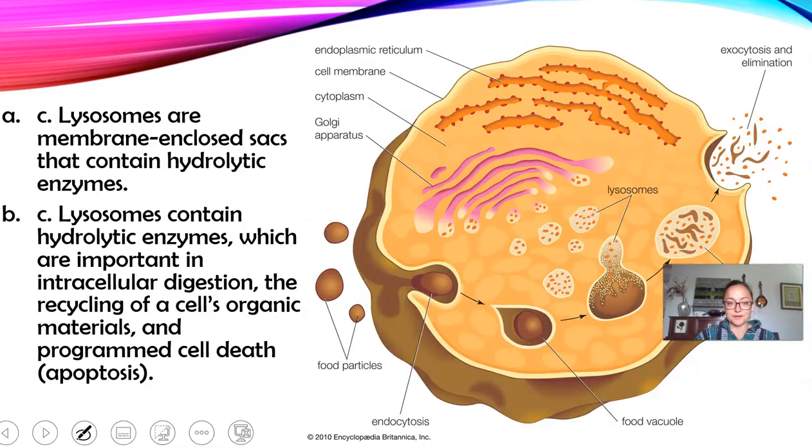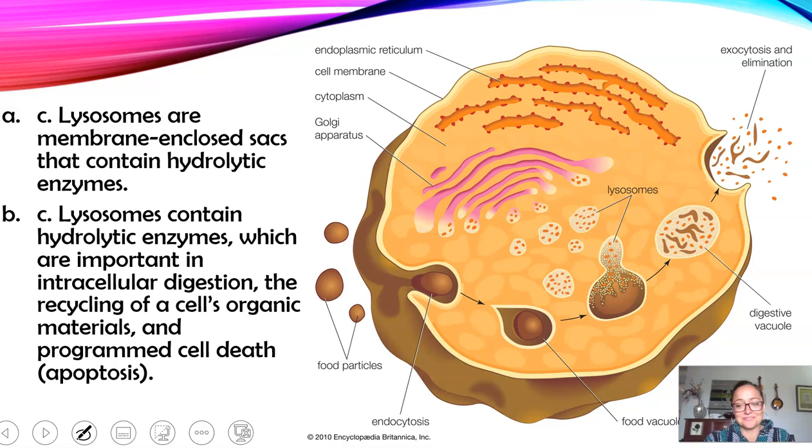Oh, I love lysosomes. Here, lysosomes are membrane-enclosed sacs that contain hydrolytic enzymes. If you remember from Unit 1, hydrolytic means hydrolysis, or breaking apart. So here you have some lysosomes.